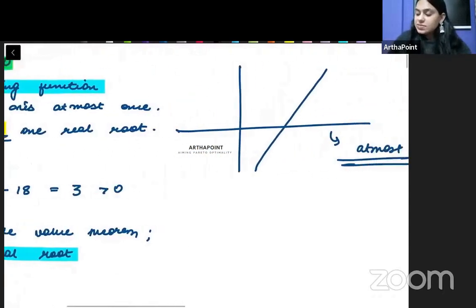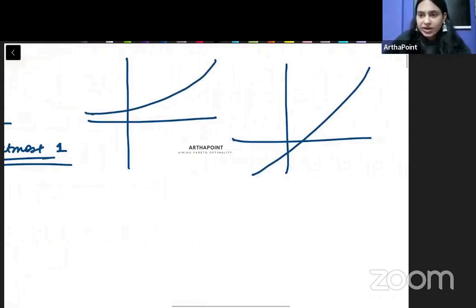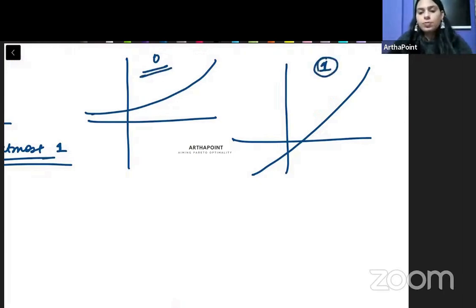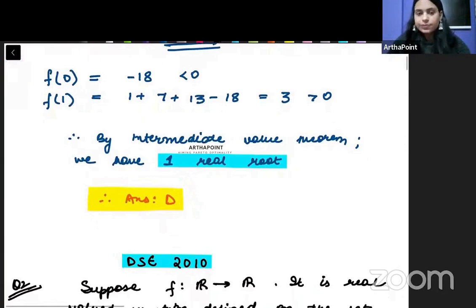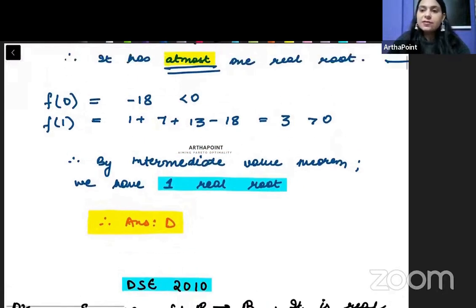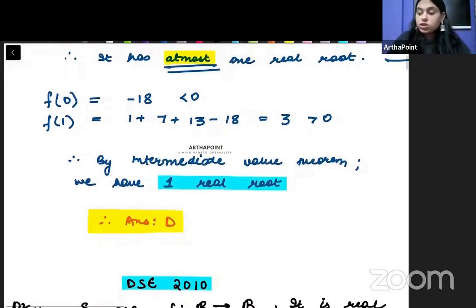So this means that या तो वो x-axis को cut ही नहीं कर रहा, so it will have 0 roots, or it will have 1 root. So currently the two options that we have right now is that either it has 0 roots or it has 1 root. Now what we can do is find whether the function goes from negative to positive.